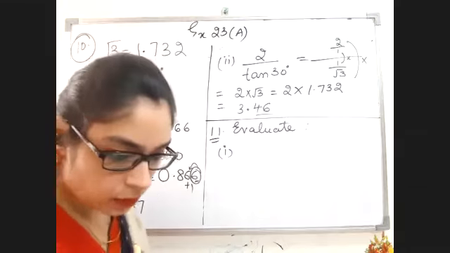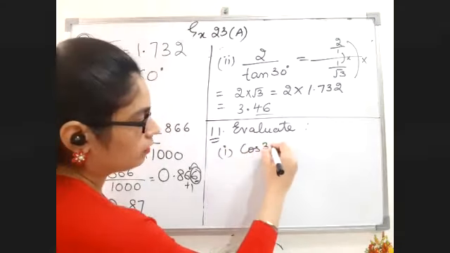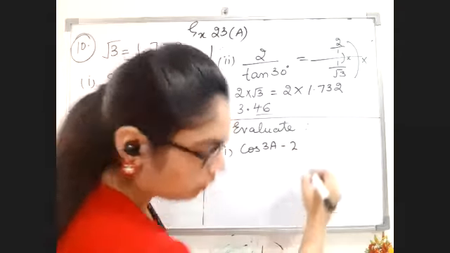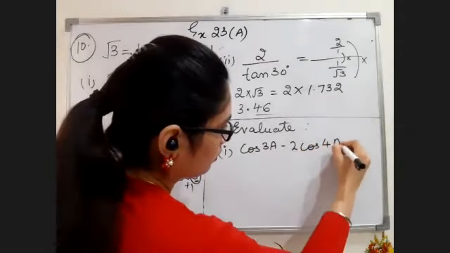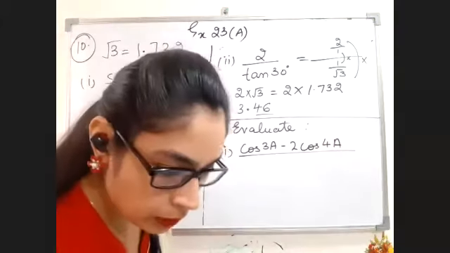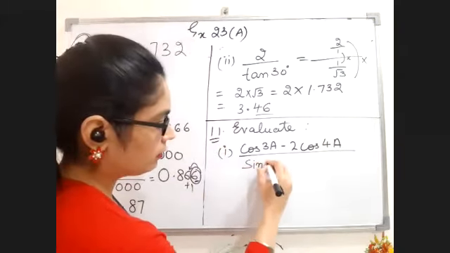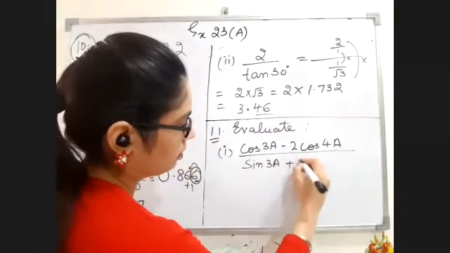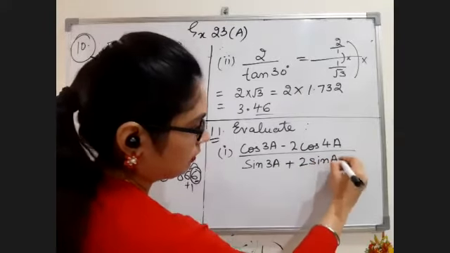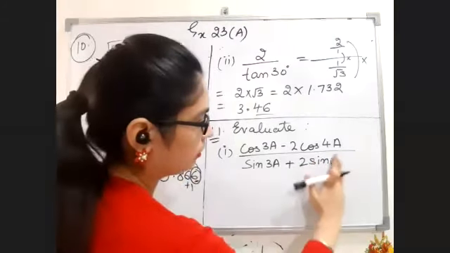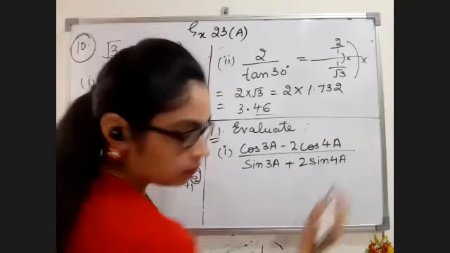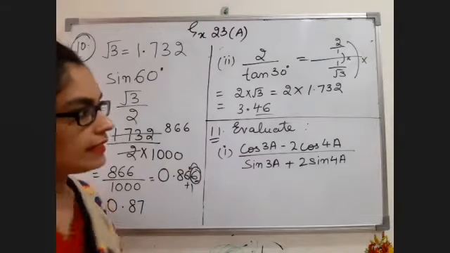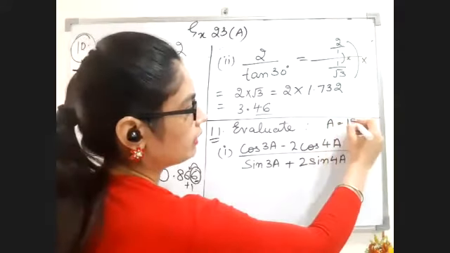So the expression is (cos 3A minus 2 cos 4A) by (sin 3A plus 2 sin 4A), minus sin 4A, where A is equal to 15 degrees. So the value of A they have given us is 15 degrees.